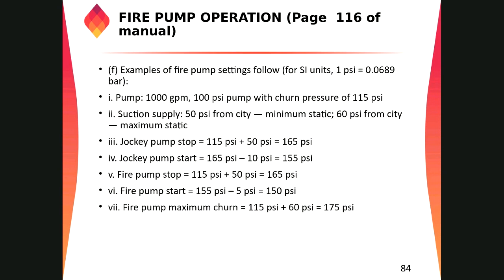And when the pressure drops by 10 psi, if there is a 10 psi difference in the system, the pressure goes to 155 psi and the jockey pump will start again.